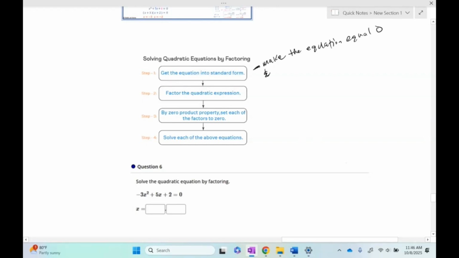Okay, make the equation equal to 0, and the coefficient of the squared term is positive.